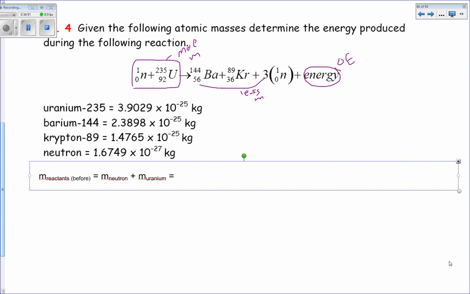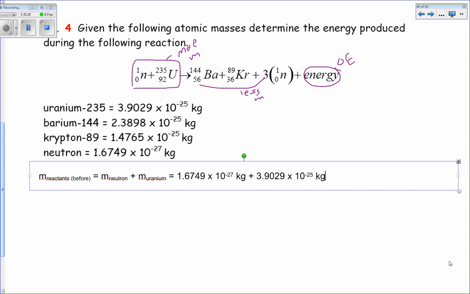The mass of a neutron is 1.6749 times 10 to the negative 27. Notice this is one where you're given the mass of a neutron, and you have to use it instead of using just 1.67 from the formula sheet. So 1.6749 times 10 to the negative 27 kilograms plus 3.9029 times 10 to the negative 25.